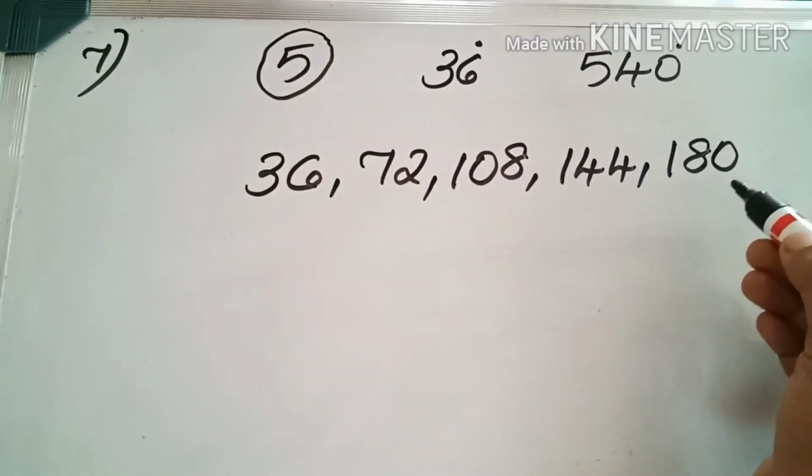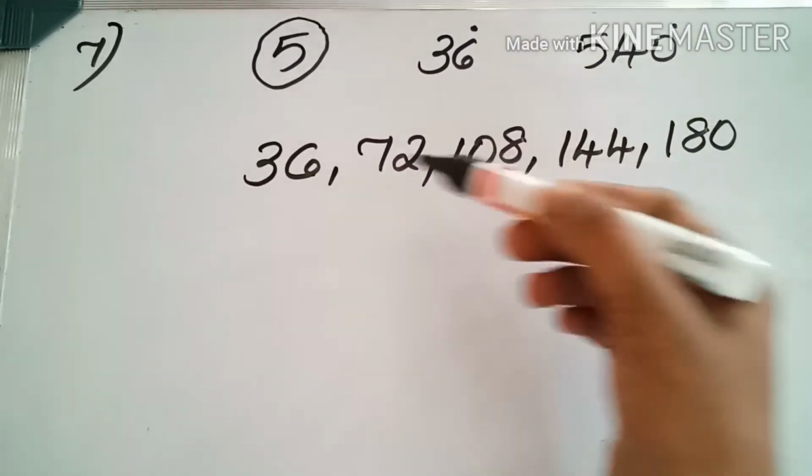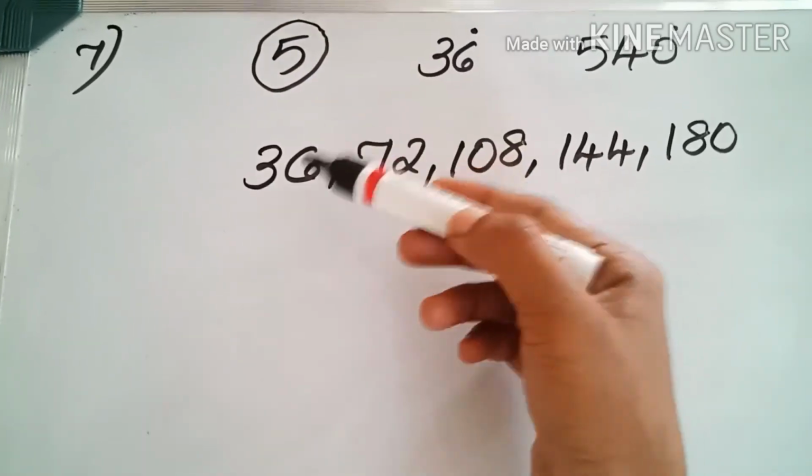So these are the 5 angles of the pentagon when we take the smallest angle as 36 degrees.